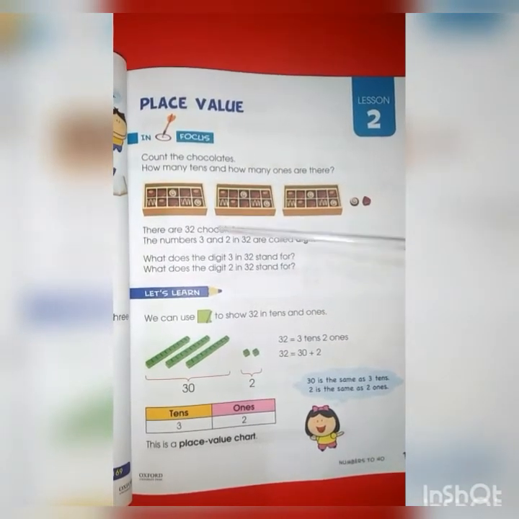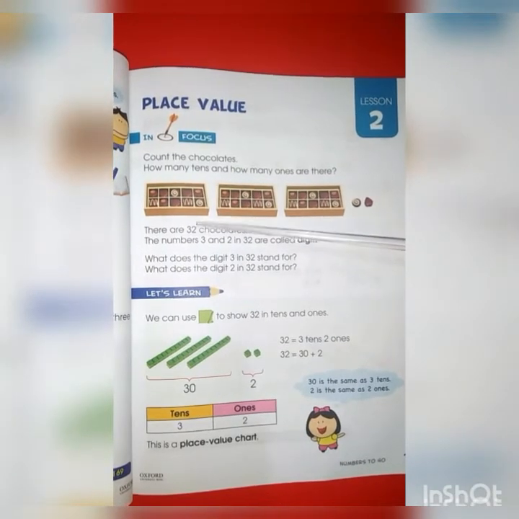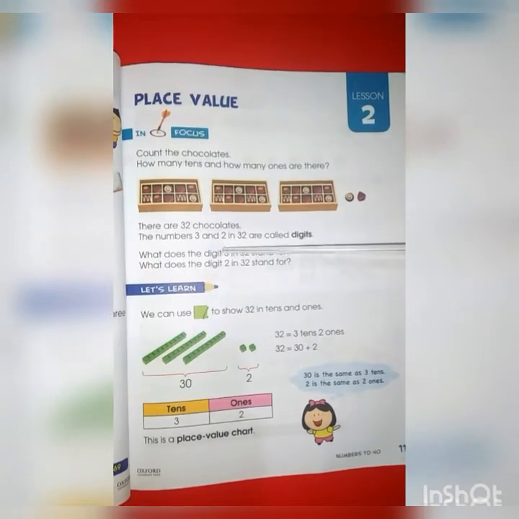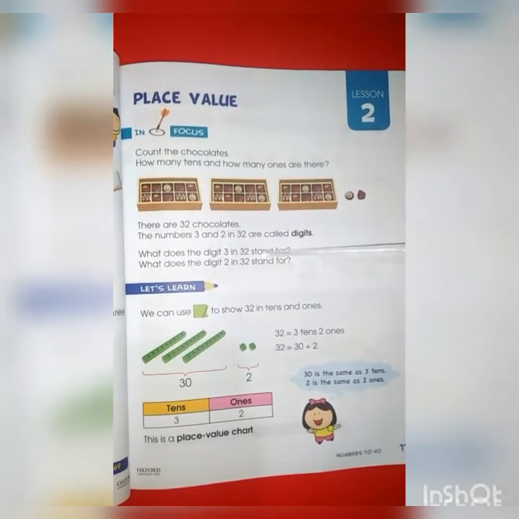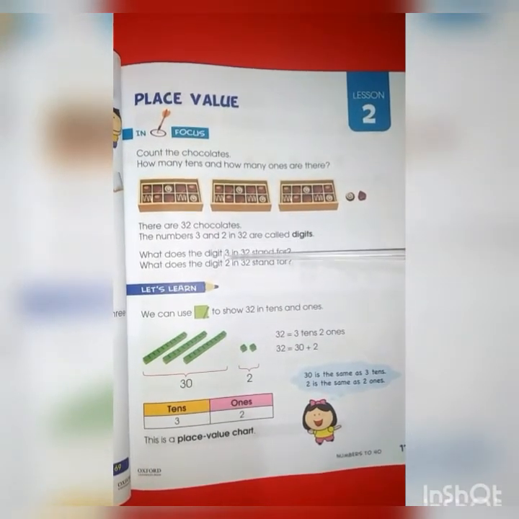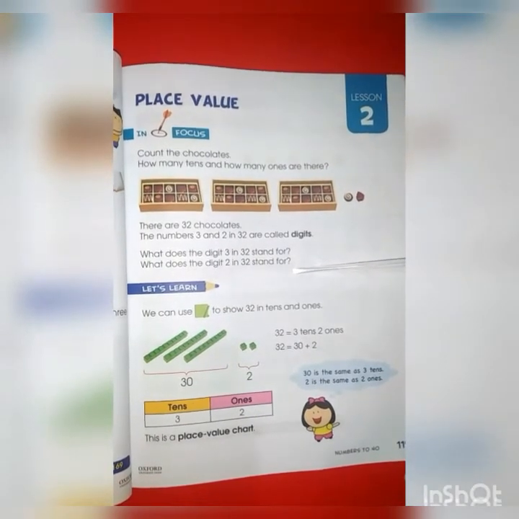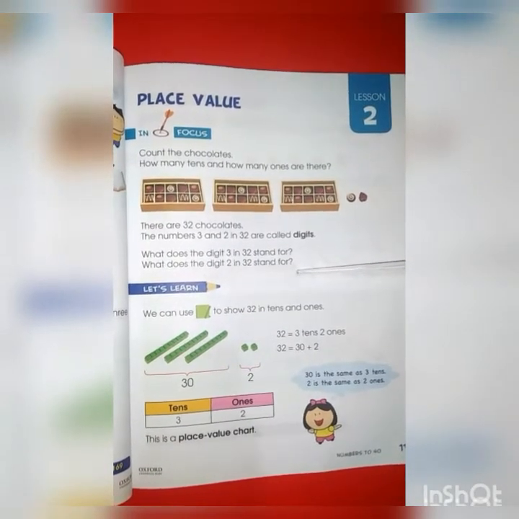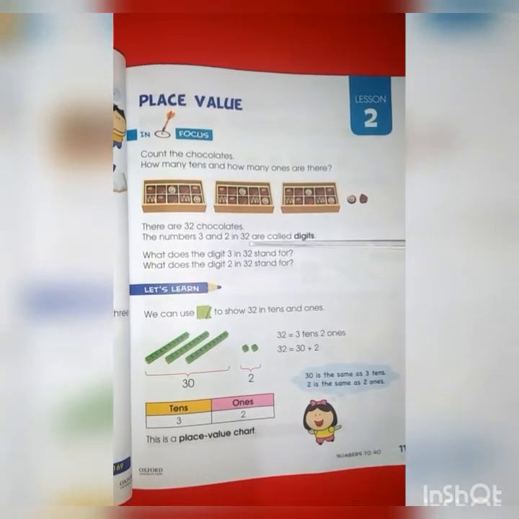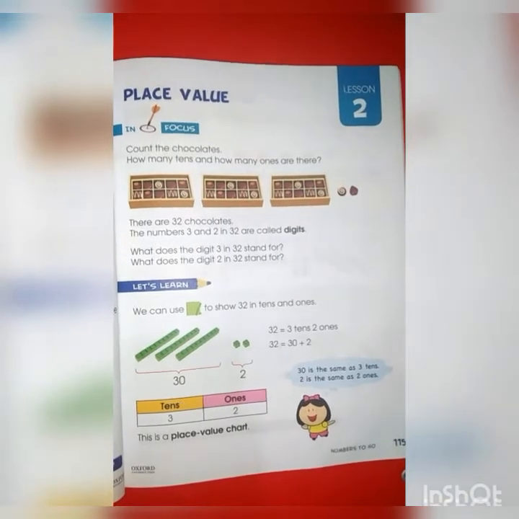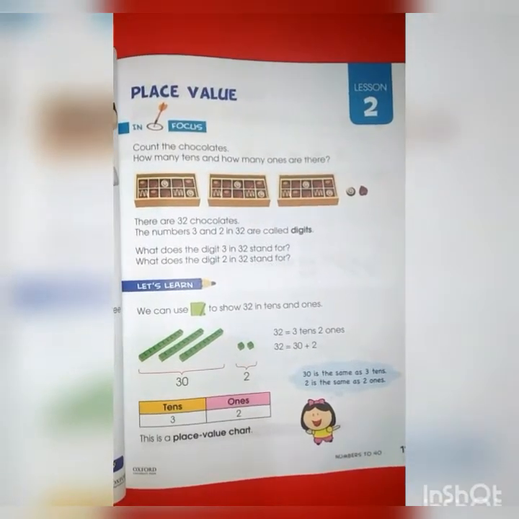What does the digit 3 in 32 stand for and what does the digit 2 in 32 stand for? To know the values of both digits 3 and 2, we will do an activity. So let's start an activity.